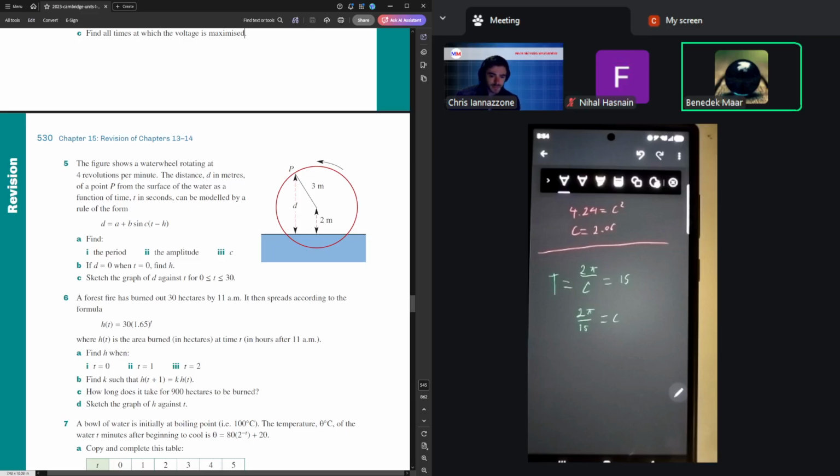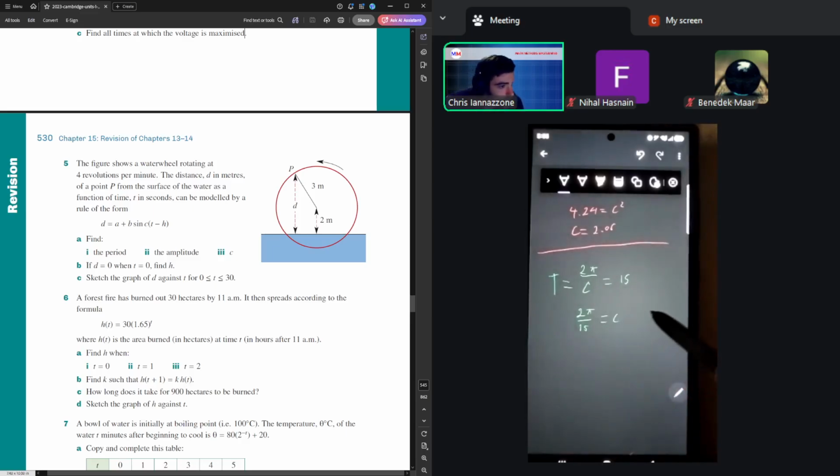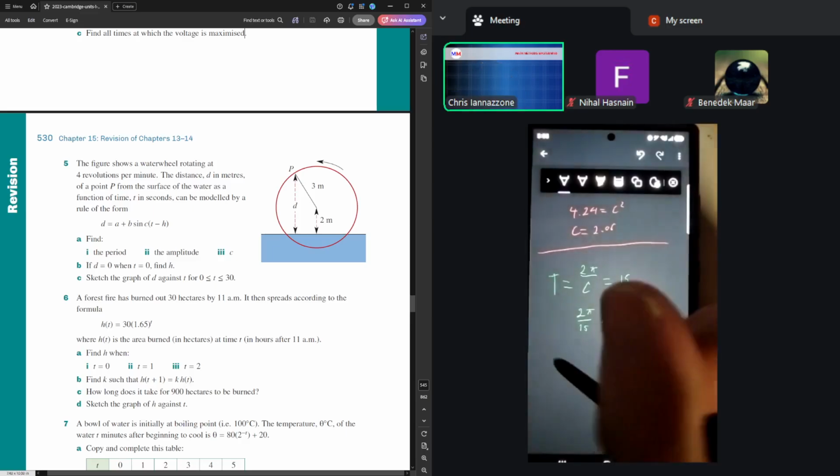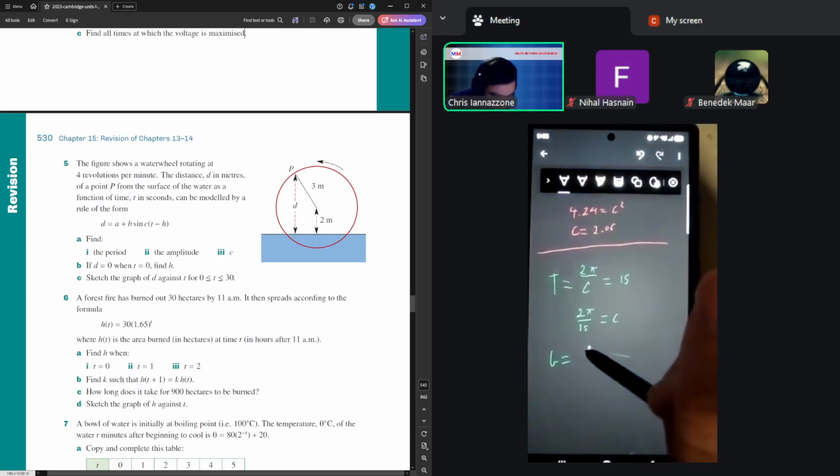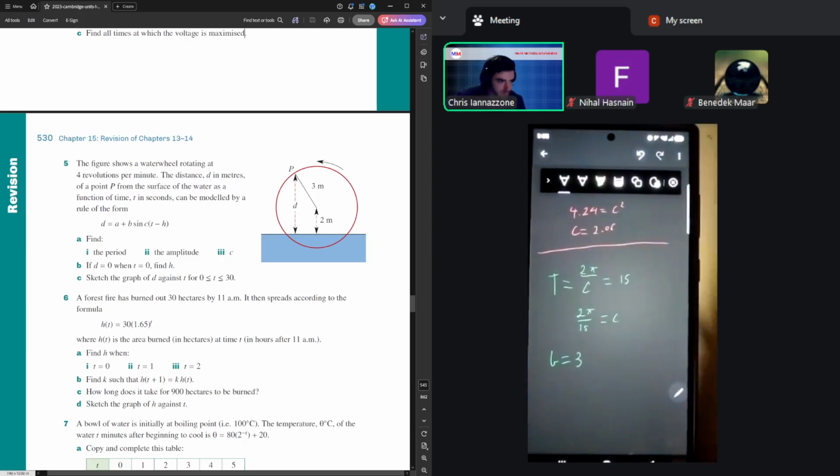It's going to be 3, yeah. So the radius of the circle itself. That's because the amplitude is the plus minus difference that you are changing from your center. Amplitude, they've called it B, so we've got B equals 3. Nice.